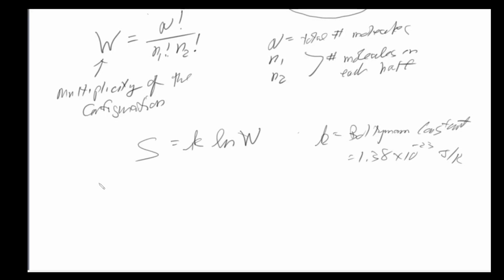We then find that the change in entropy is equal to K log W2 minus K log W1, or K log W2 divided by W1.